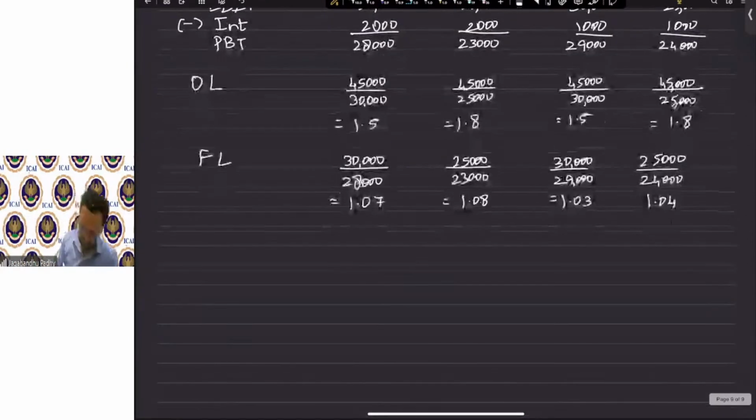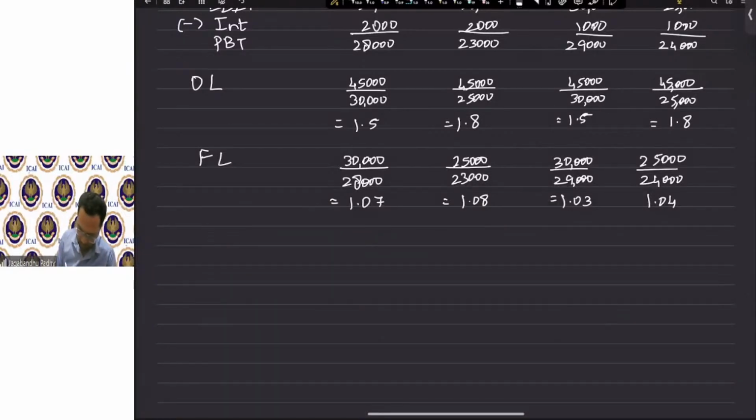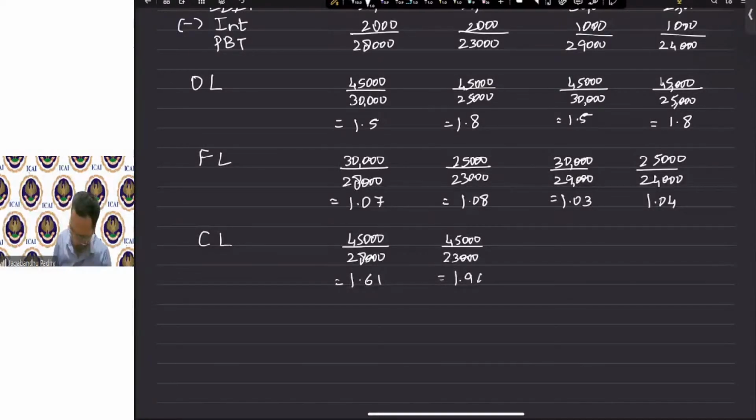We got the operating leverage, financial leverage, and then also the combined leverage. Then 45 divided by 29.